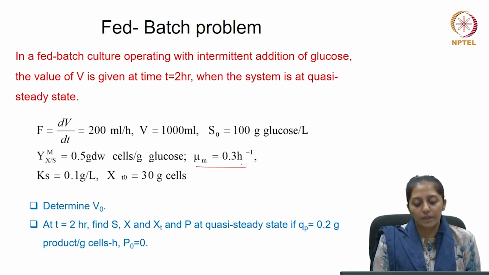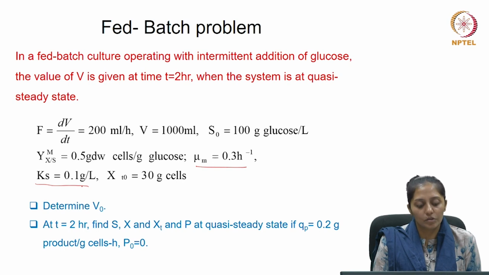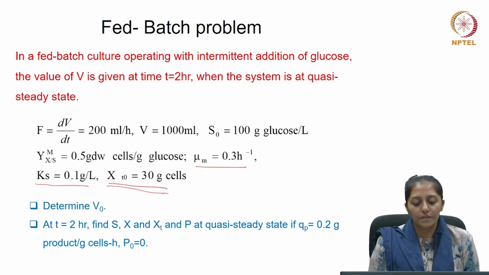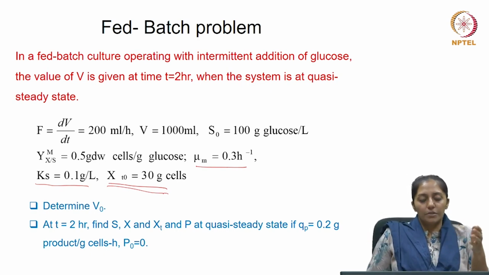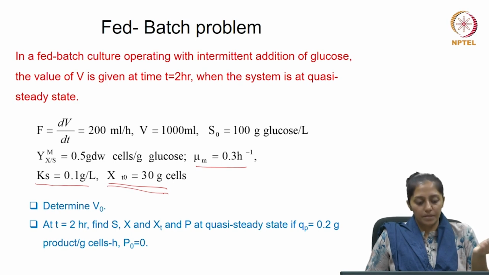The maximum specific growth rate of the culture is 0.3 hour inverse. The Monod saturation constant is also given, 0.1 grams per liter, which indicates that the culture is following Monod's model. And the initial amount of cells when this fed batch at quasi steady state started was 30 grams.